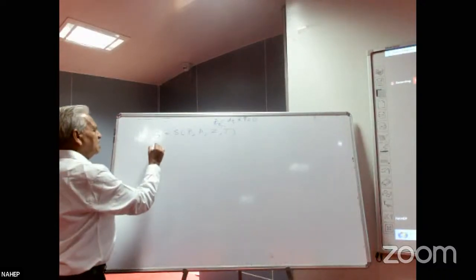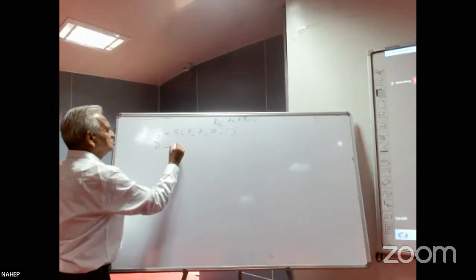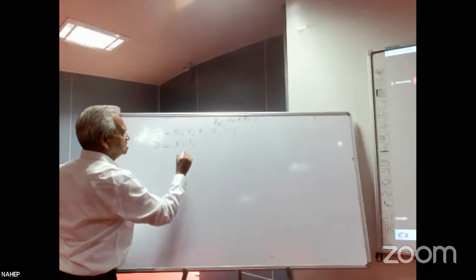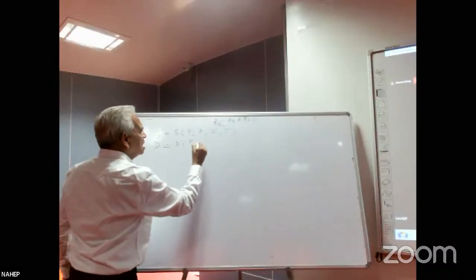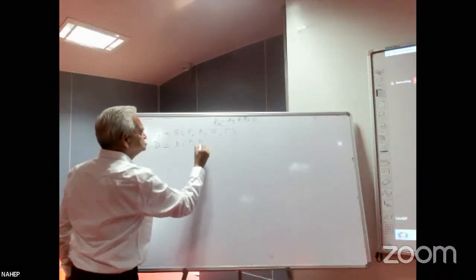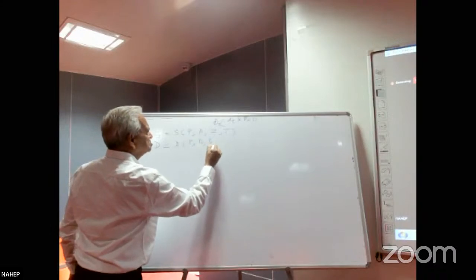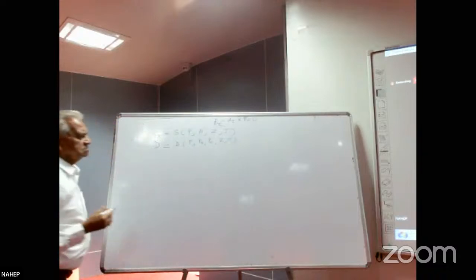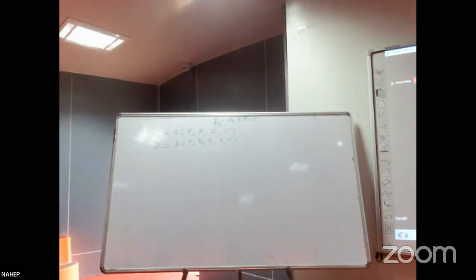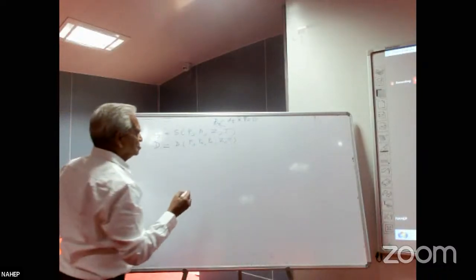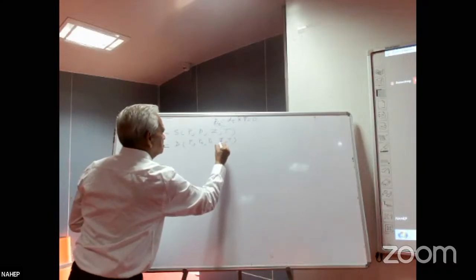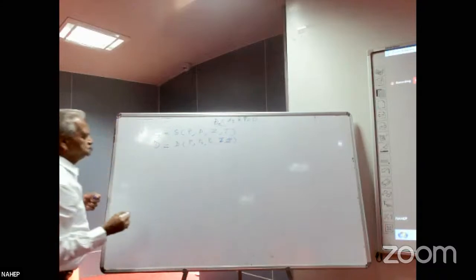Okay. Your demand is also a function of product price, price of substitute, price of complementary goods, fixed factors, and technology. That also comes. Or income, let's say. I just put income. Okay.